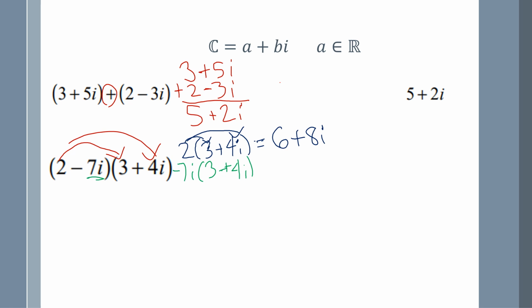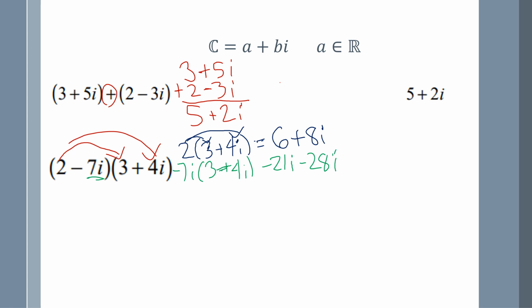So negative 7i times 3 is negative 21i. Negative 7i times 4i is negative 28i squared.